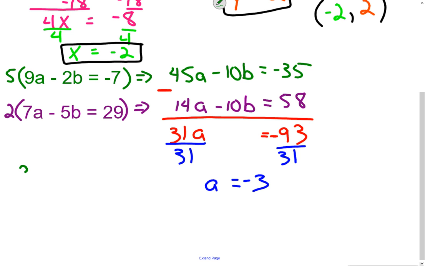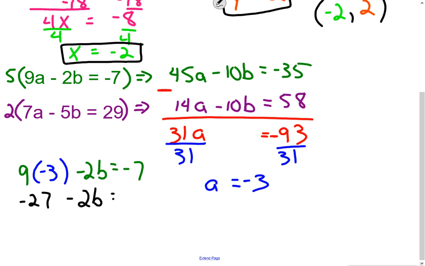So I have 9 times my a value, that's negative 3, and then minus 2b equals negative 7. And I work on solving this equation. So I'm going to have negative 27 minus 2b equal to negative 7. I'm going to add 27 to both sides.